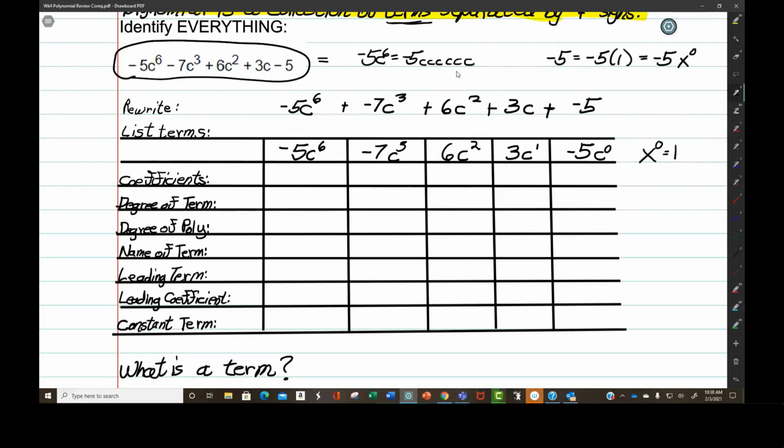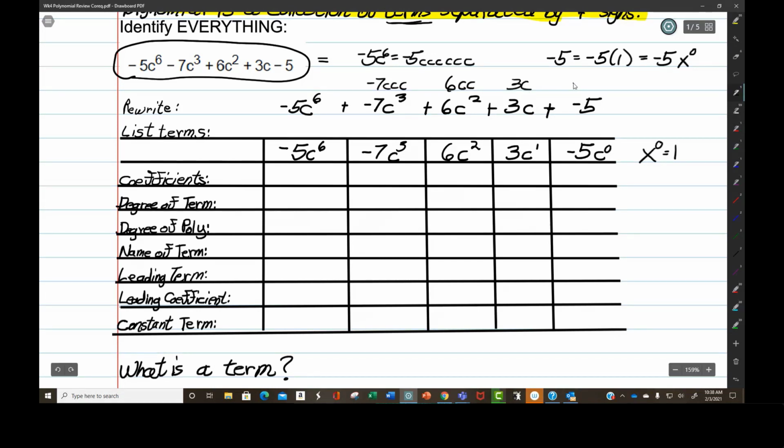Same thing here, negative 7c to the 3rd is negative 7 times c times c times c. And 6c squared is 6 times c times c. And 3 times c.